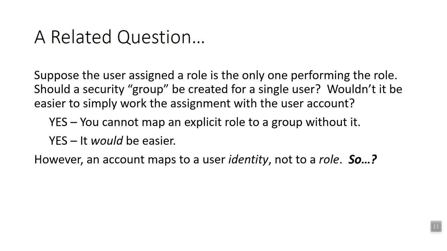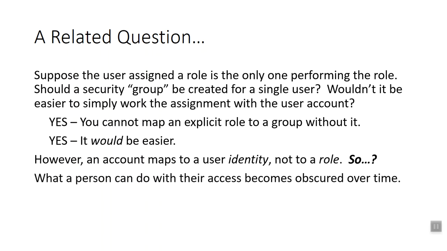Why is that distinction important? What a person can do with their access becomes obscured over time if their identity becomes directly associated with the directories and files that they access to perform their roles. And to see that, we have to take this a little further.